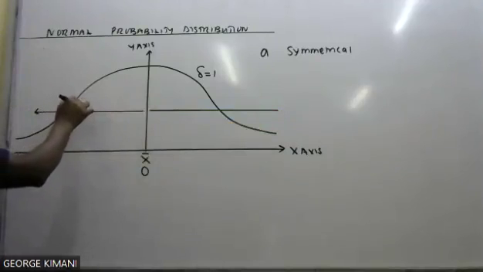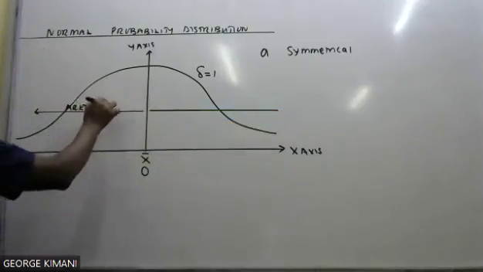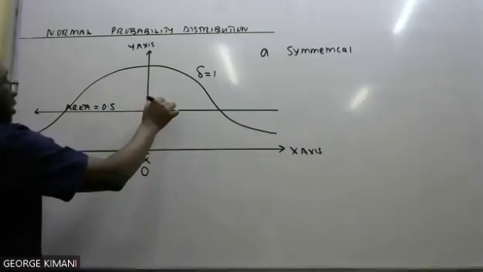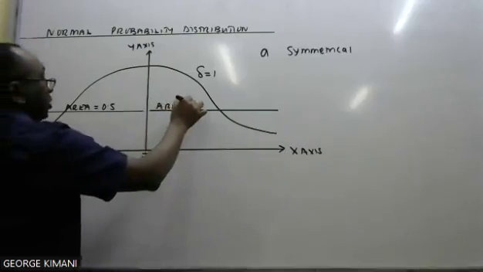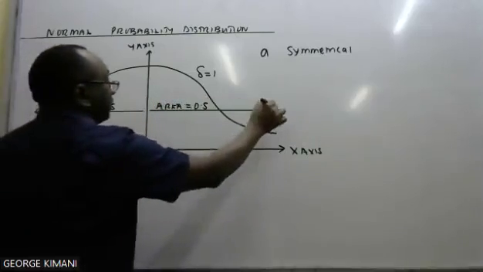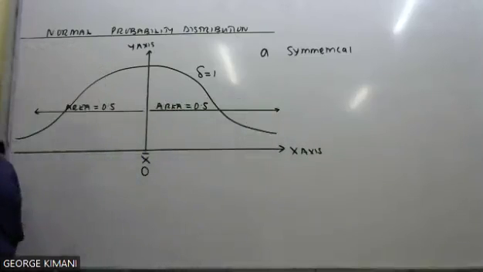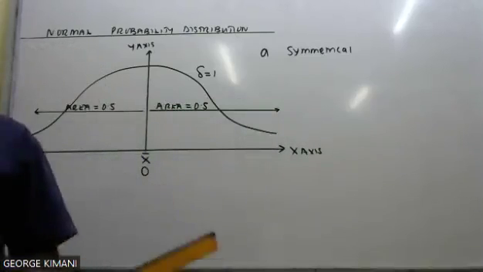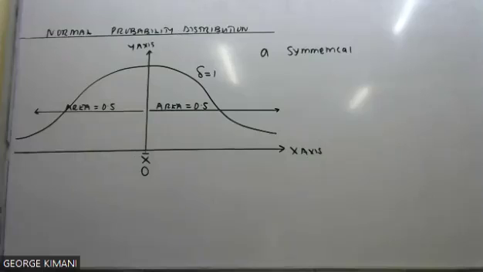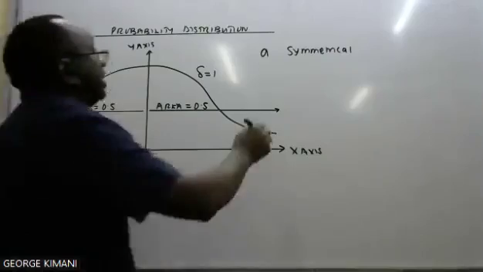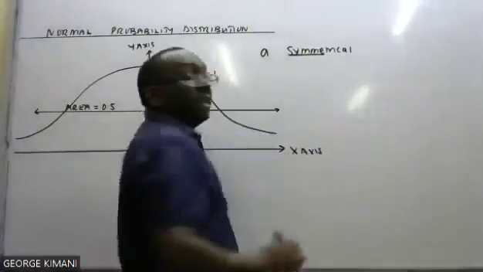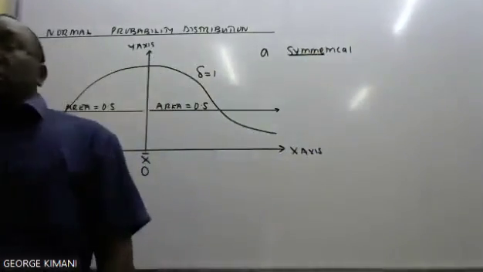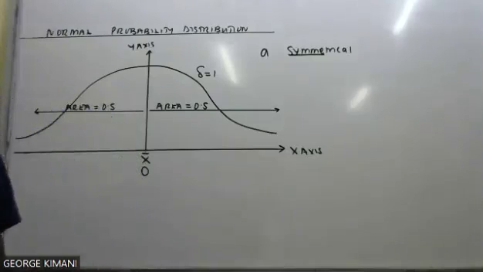This area here is 0.5, and this area here is also 0.5. Something is called symmetrical if it can be divided into 2 equal parts.